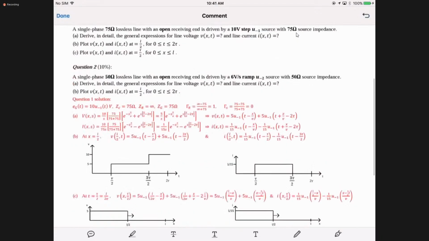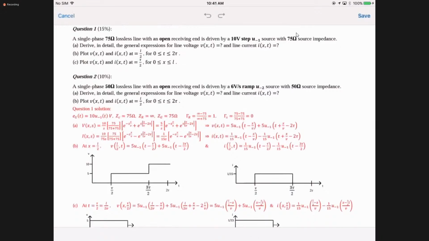The question first. We always refer to the question. The question is at the time tau divided by 2.